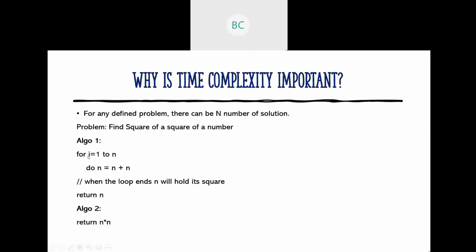One algorithm is counting from 1 to n, adding the values and storing the result. Another algorithm directly gives the square, the multiplication of two numbers. So just think, which will be the more efficient algorithm?